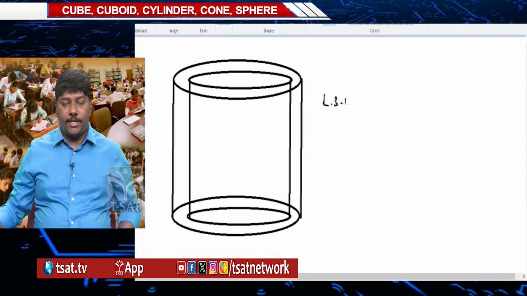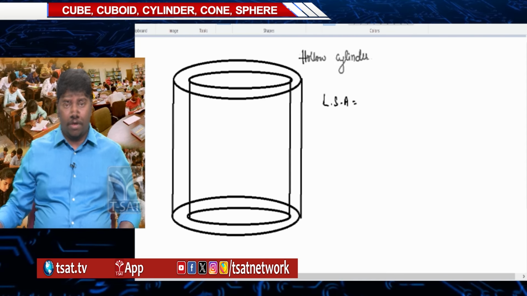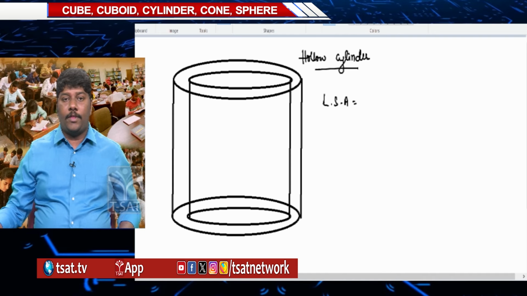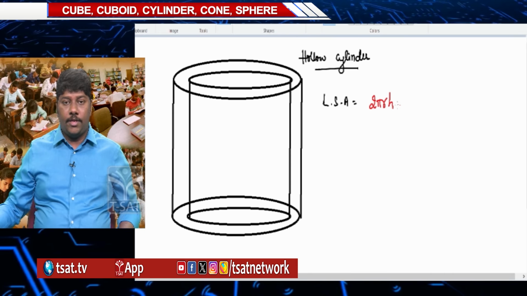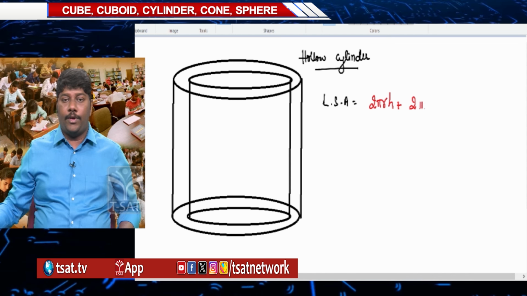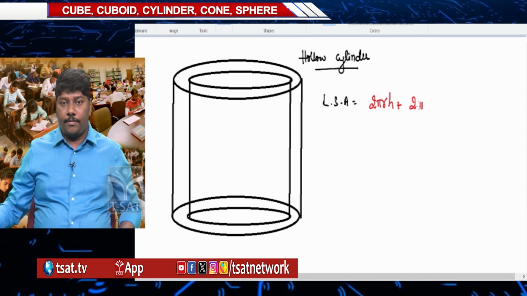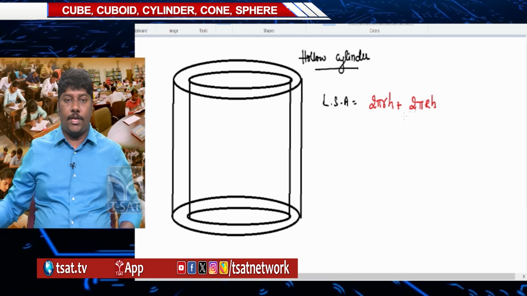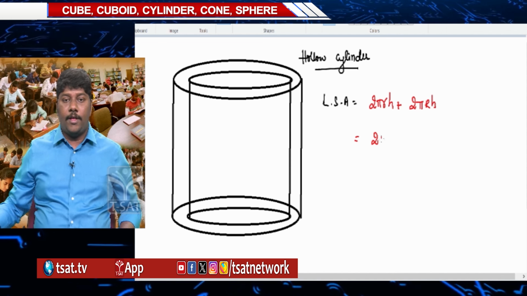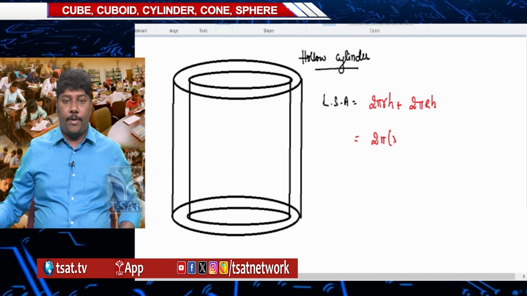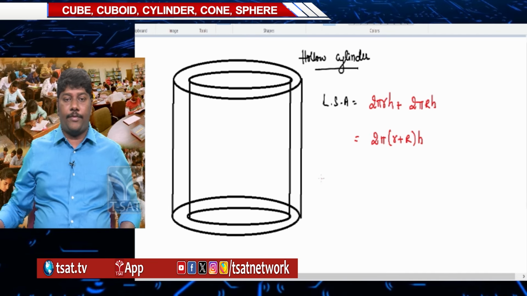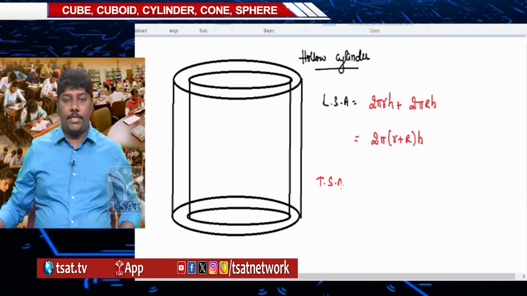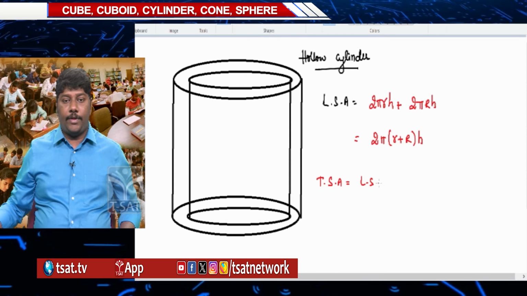The lateral surface area of the hollow cylinder, you can just add the inner cylinder's lateral surface area, that is 2 pi r h. The outer one has radius, you take it as capital R, 2 pi capital R into h. h is the same in both cases, therefore 2 pi into small r plus capital R into h is the lateral surface area.